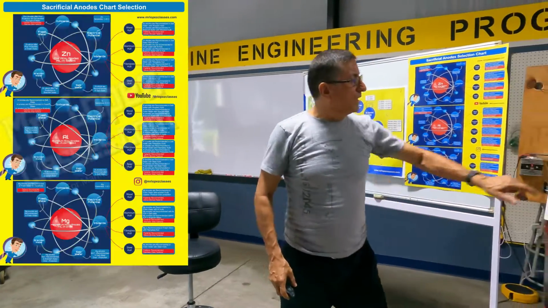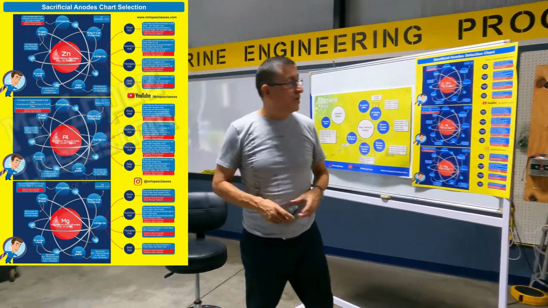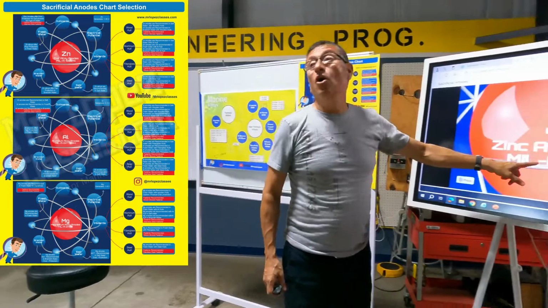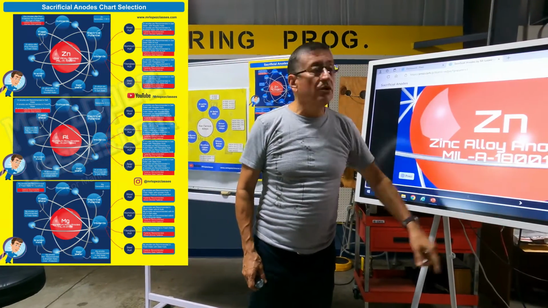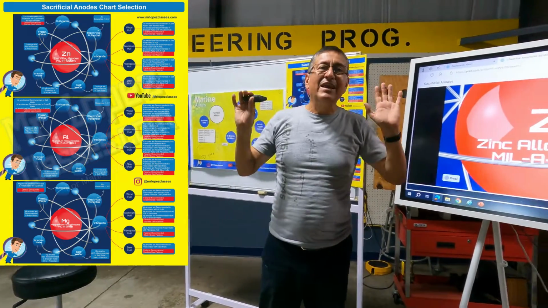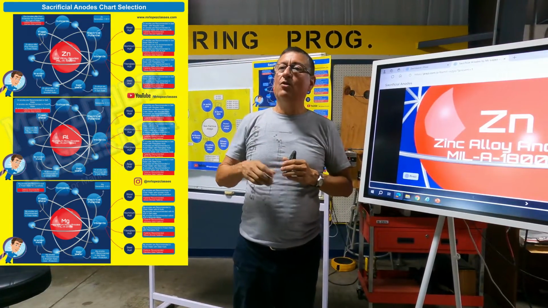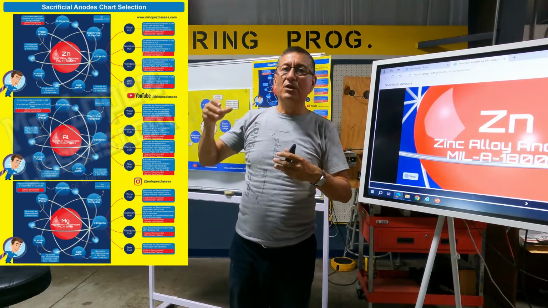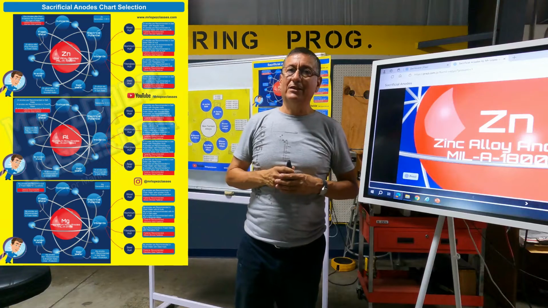For example, zinc is the military alloy, number 18001K. This is the name of that alloy. It's a military alloy.